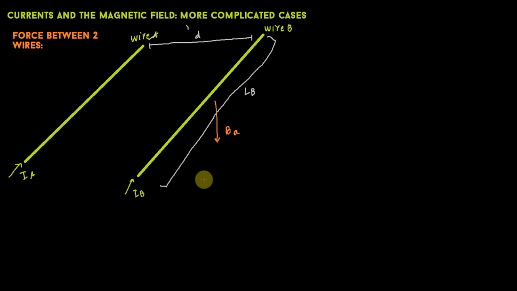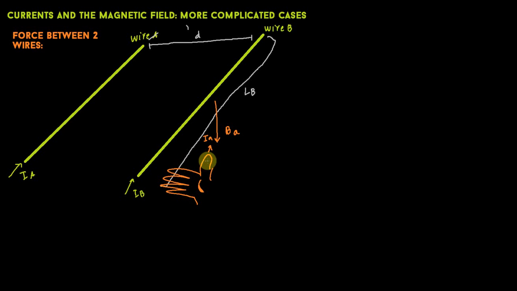I'm just going to draw a picture of this because sometimes it's hard to imagine. If my thumb is going this way, that's IA, and I'm curling my fingers around. It's going to be something like this, where my hand, let's try to get a little perspective, is going like this.